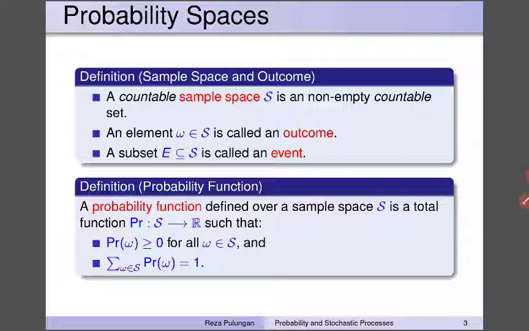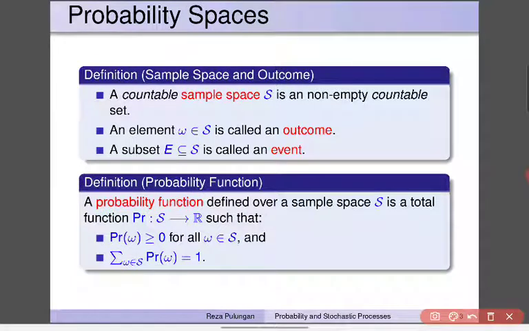The probability function defined over a sample space S is a total function PR that maps an element of S to a real number that satisfies the following two conditions.